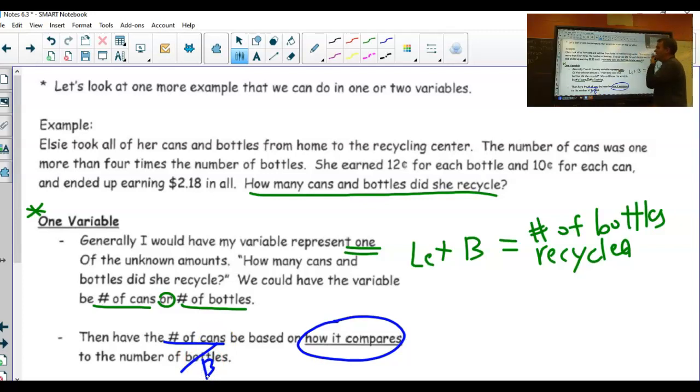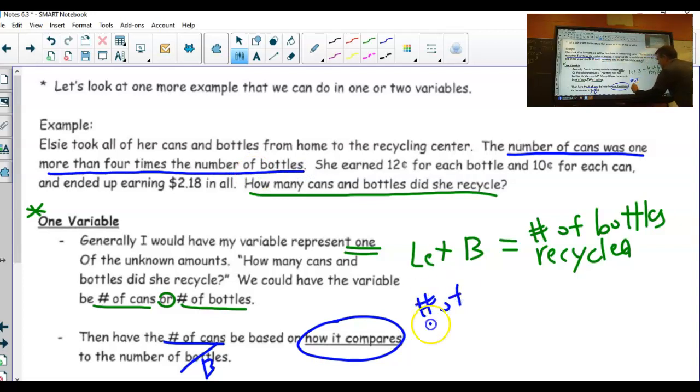They told me right here that the number of cans was 1 more than 4 times the number of bottles. So I might write something like number of cans equals, let's see, one more than 4 times the number of bottles.